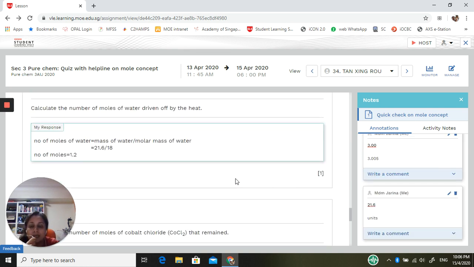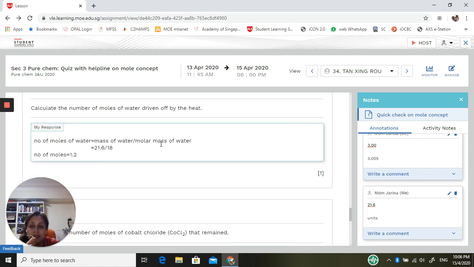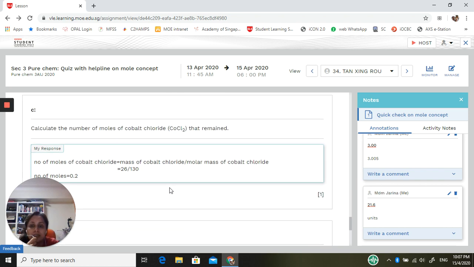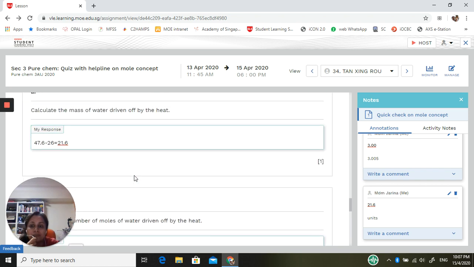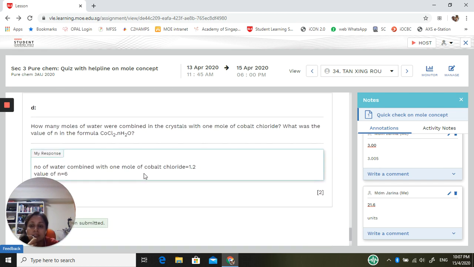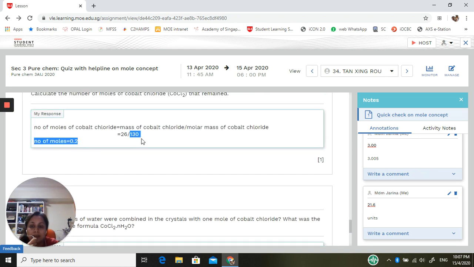Okay. Calculate the number of moles. So this is the water divided by the molar mass, which is 18. So you get 1.20 moles, 1.20 to 3 SF. Okay. Calculate this. Cobalt chloride, you have 26, which is here, the remaining powder. So 26 over the cobalt chloride MR, you get 0.200 mol, 3 SF again.